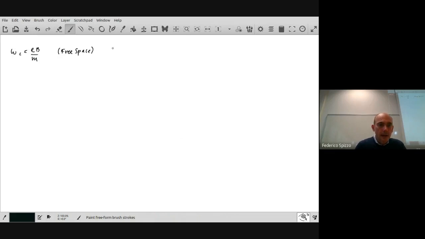So due to that, it's possible to define the period, so the amount of time that is needed by the electron to travel through the orbit.